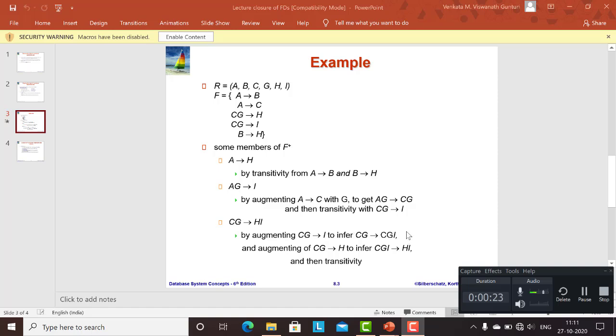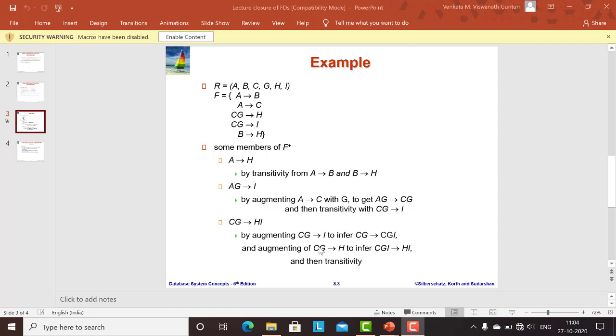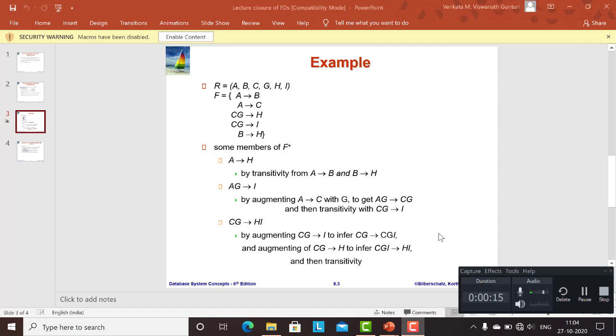So from the augmentation you get CG implies CGI. Then I have this functional dependency CG implies H, which is given, and over here I again do augmentation, and I augment I on both the left and right sides, using that augmentation rule.